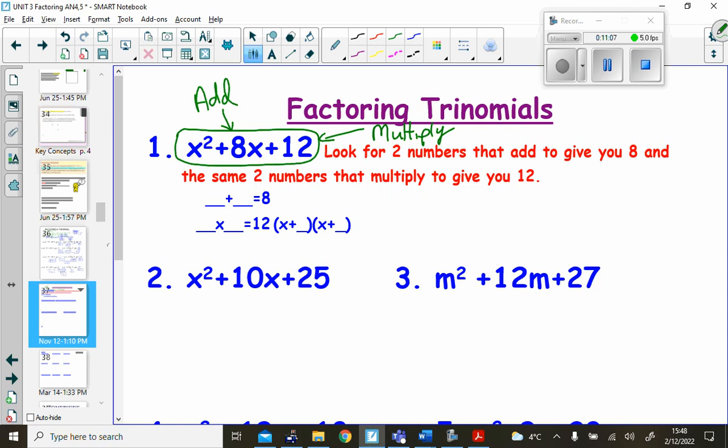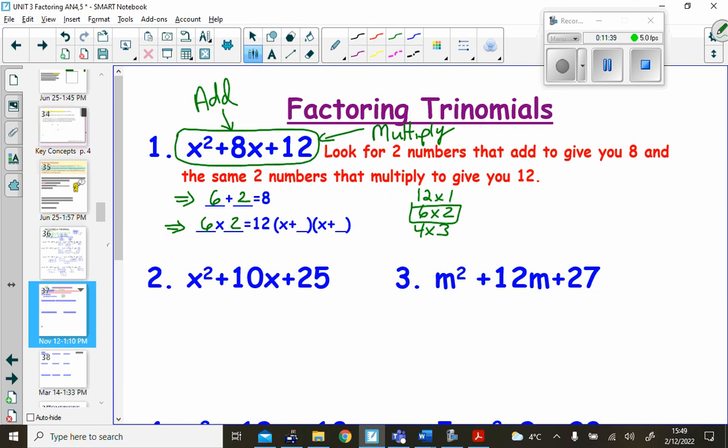So you search through for factors of 12. What adds to give 8, what multiplies to give 12. So 12 times 1, 6 times 2, 4 times 3. Well, 6 and 2 fit the bill. 6 plus 2 is 8, and 6 times 2 is 12.